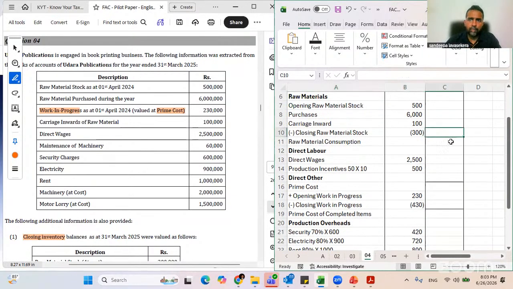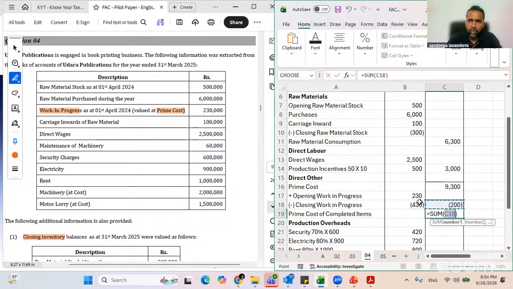Material consumption 6,300. Direct labor 3,000. So the prime cost 9,300.